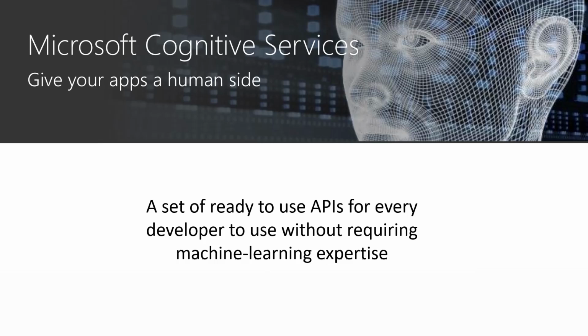So what it actually is, is a set of ready-to-use APIs for developers without requiring any machine learning expertise, which is really helpful for people starting out in AI or new developers, because machine learning requires a lot of data science concepts and it requires a lot of data. So having a first step that doesn't require you to have this knowledge is very helpful and can accelerate development for a lot of applications.